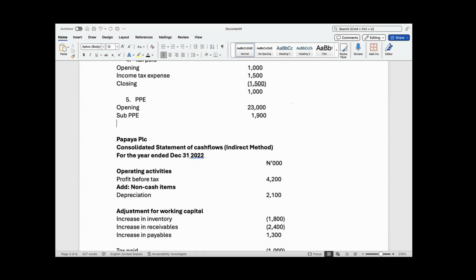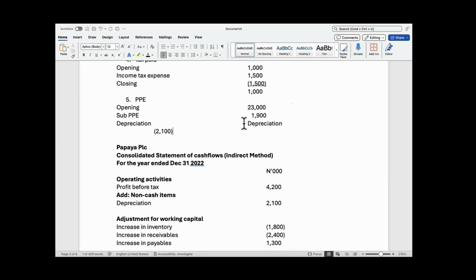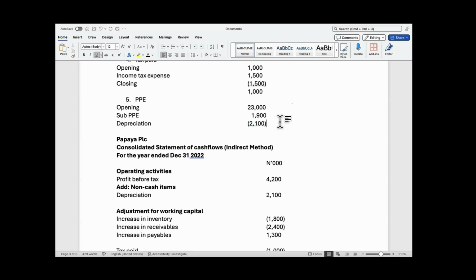To make it easy, let's do depreciation. What's my depreciation? 2,100. Are we lessening this or adding it? We are lessening it. So what should be the expected balance? 22,800. That's the expected closing balance.